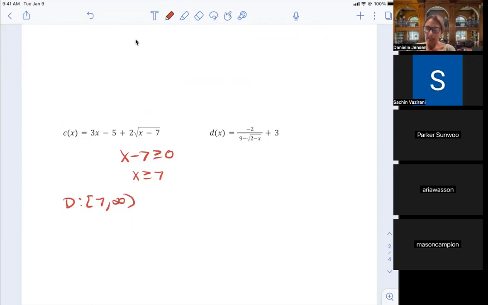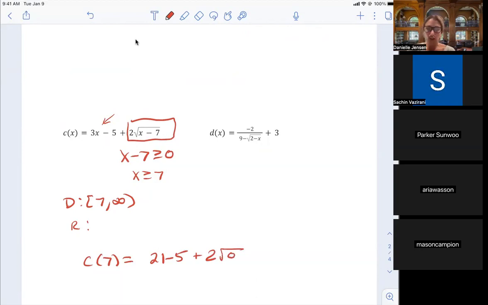And then I want to keep that in mind for the range, because if this was my only piece of my function, the range would be 0 to infinity, because when I plug in 7, I'm going to get 0, and 2 times 0 is 0. But I have to plug in 7 for all x's, right? So I want to think about when I plug in 7 for x, I'll get 21 minus 5 plus, we said 2 times the square root of 0.